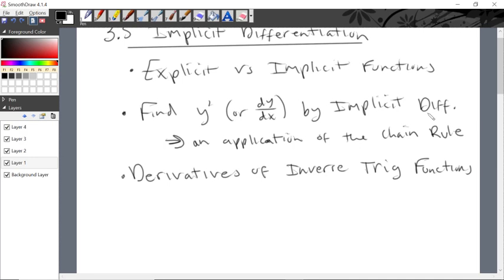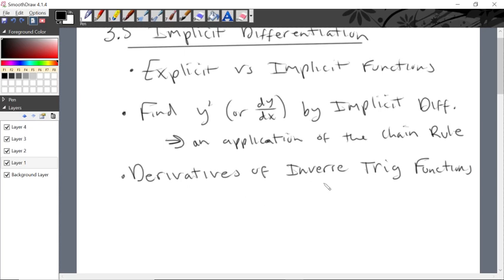Implicit differentiation is the name that we give to this process, and we can start taking derivatives now of inverse functions. That is, if we have a function that is the inverse of another function we already know the derivative of, we can start finding the derivatives of these inverse functions.